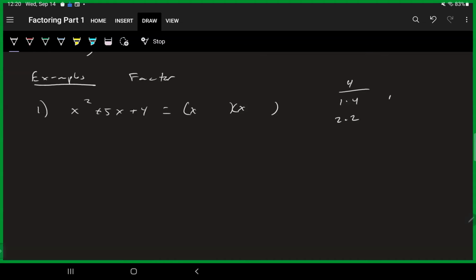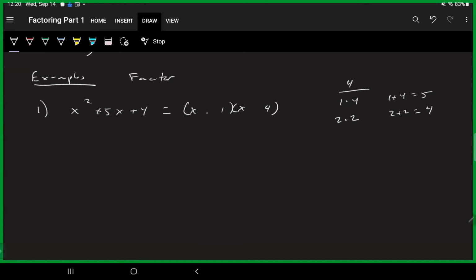So 1 plus 4 is 5, and 2 plus 2 is 4. Take a guess which one we need. Okay, so I need the 4 and a 1. It doesn't matter where I put them right now, because I'm making a positive 4 through multiplication, and I'm making a positive 5 through addition.